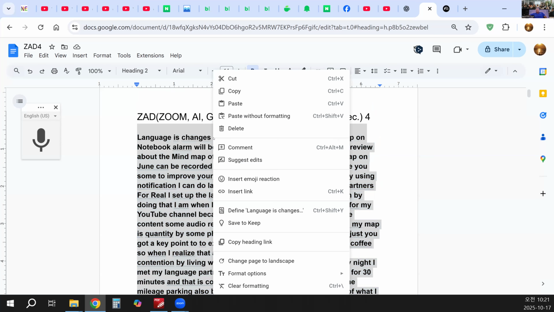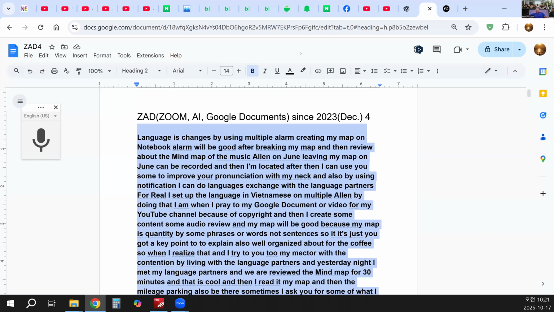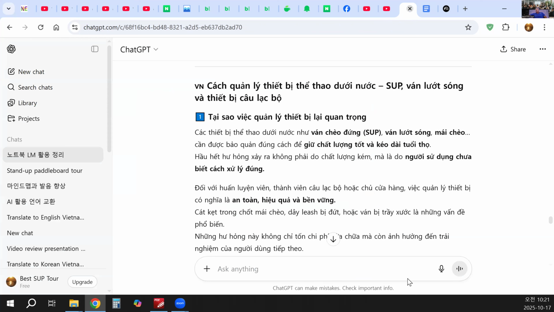Now I can create content about MyMap of Notebook LM as content for language exchange. In English, my content of how to use MyMap for language exchange with language partners to practice pronunciation, after proofreading it.